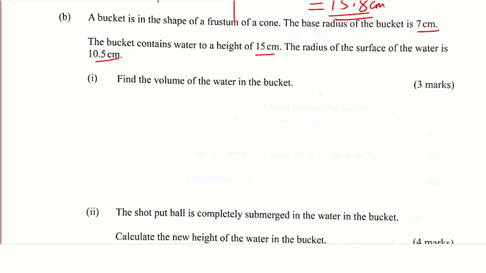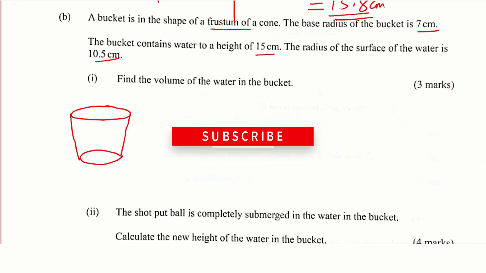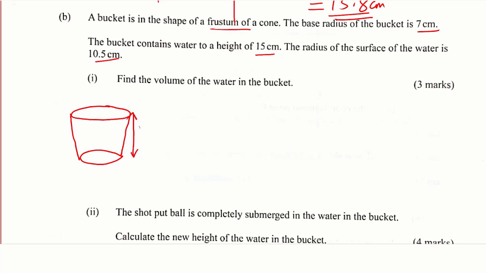It's nice to sketch. So this is a bucket made up of frustum of a cone. The base radius is 7. So let me draw that bucket, just a sketch of the bucket, and contains water to a height of 15 centimeters.